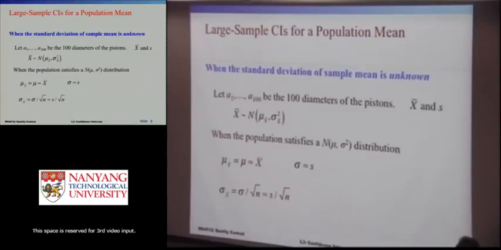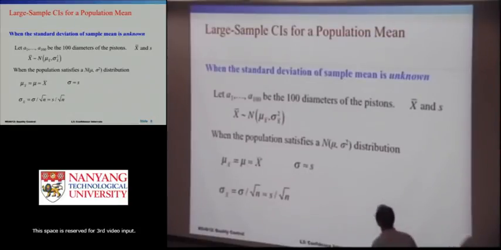When the population satisfies a normal distribution, the random variable x satisfies a normal distribution with mu and sigma square. And x bar satisfies a normal distribution with mu x bar and sigma x bar square. So if the population satisfies a normal distribution, we can make this approximation.